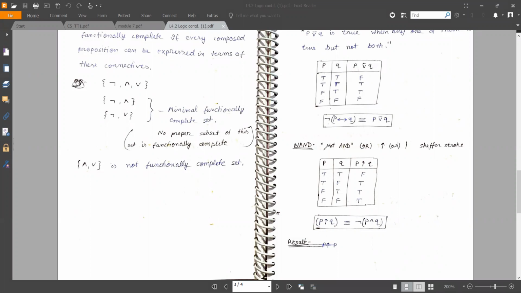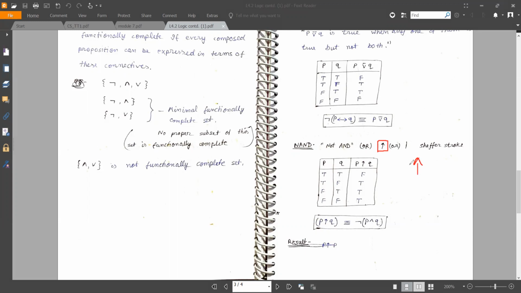NAND is simply not of AND, and the equivalent of AND is conjunction. So the negation of conjunction is known as NAND, and we can simply put a straight downward line just below the conjunction sign.